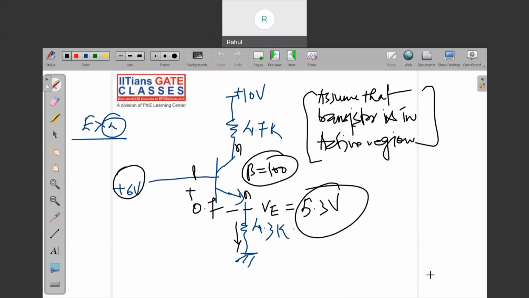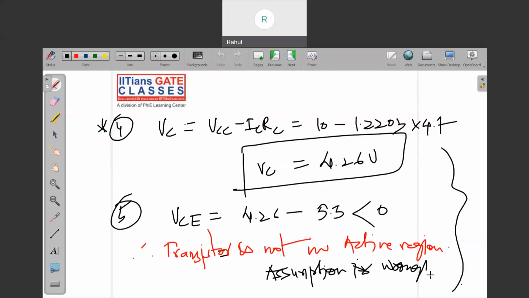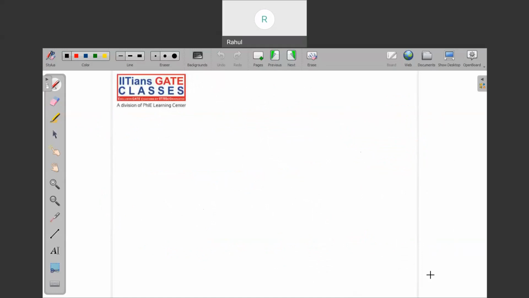Understand? Whenever you go down, you have to subtract and compute VCE, and now it is coming out to be negative, so you can say the transistor is not in the active region.